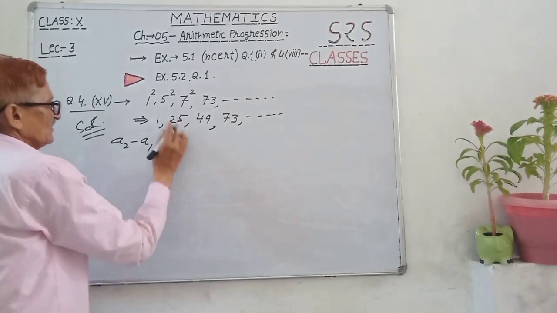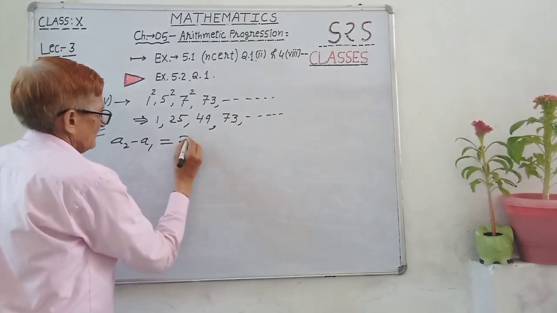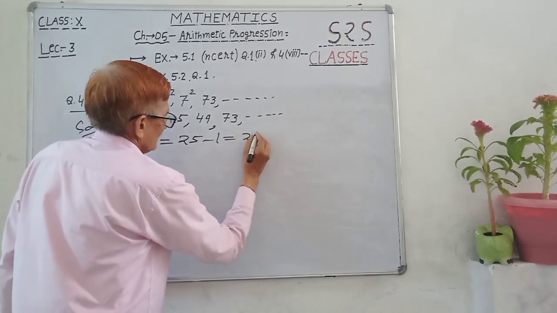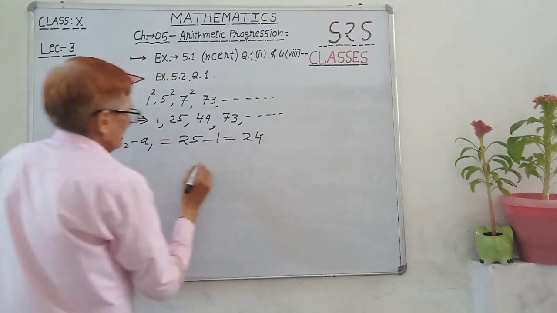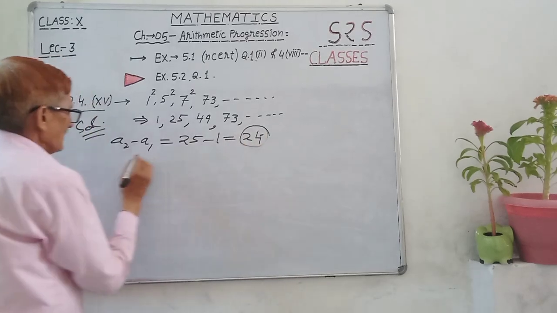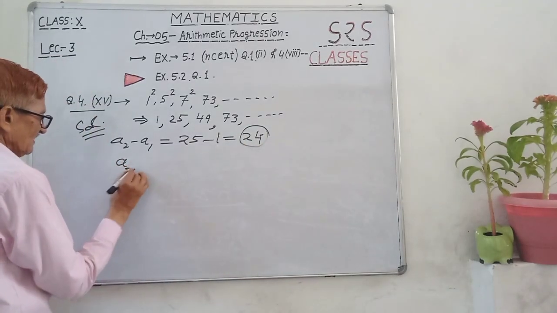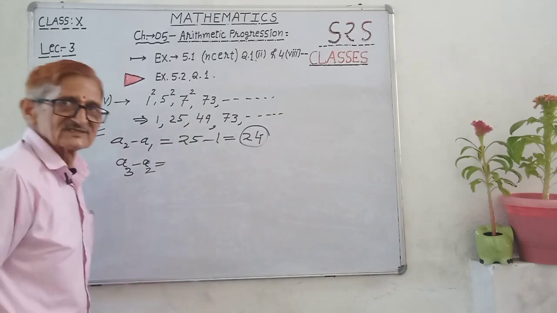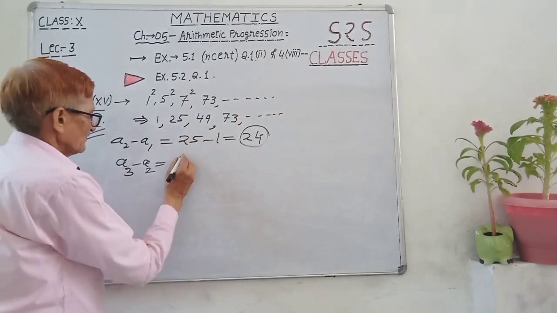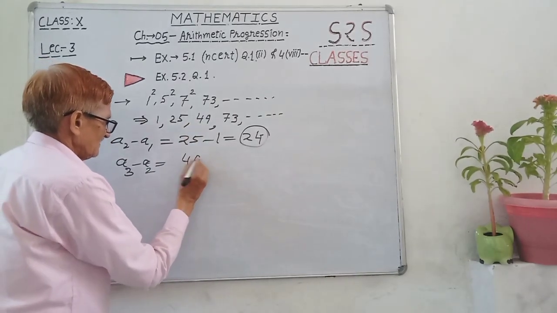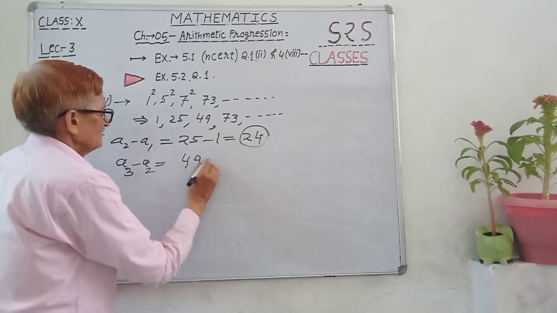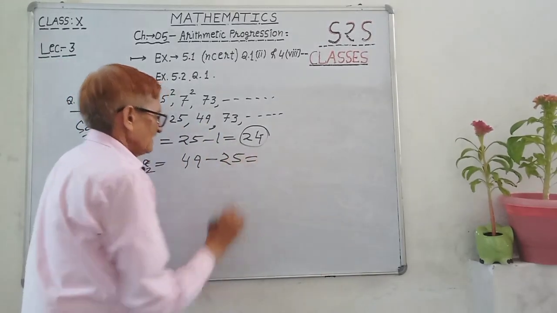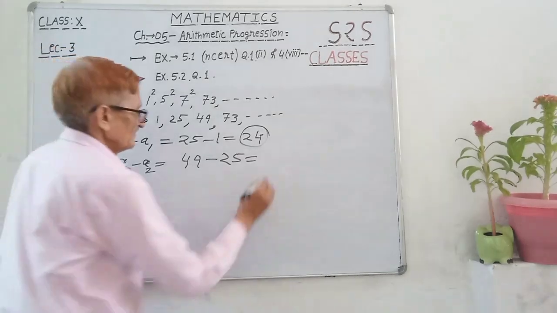Second term 25 minus 1, then 24. Okay. Clear? Now A3 minus A2. Third term minus second term. Third term 49 minus second term 25, then equal 24.